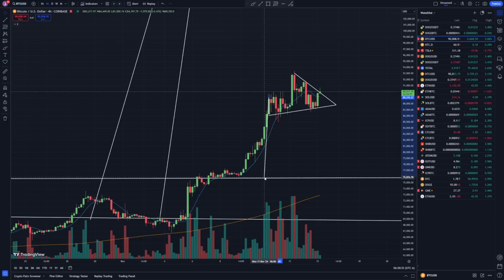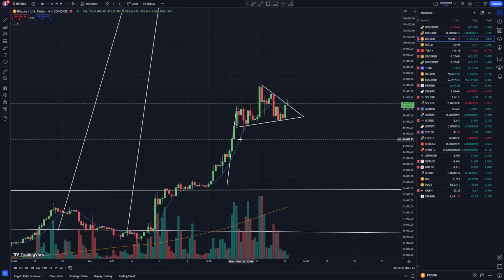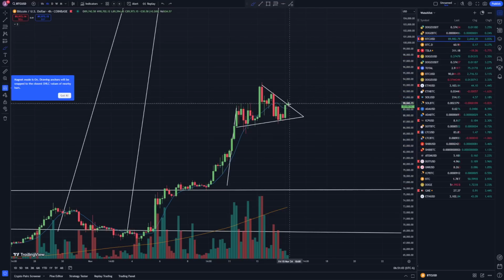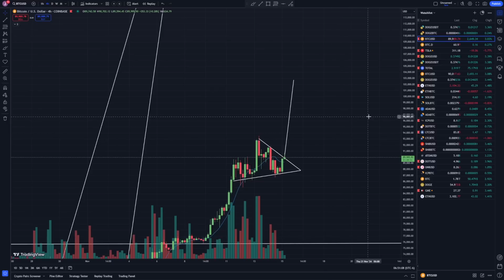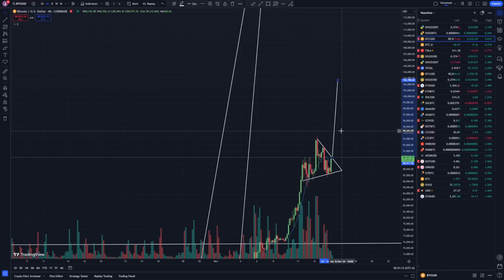This isn't a perfect flag or pennant pattern, but it could still be a continuation pattern where we have a big run up, consolidation, break to the upside, then we drag from the bottom and the top of the pole, drag that to the breakout, and we could be looking at a target of around 102,000 in the short term.